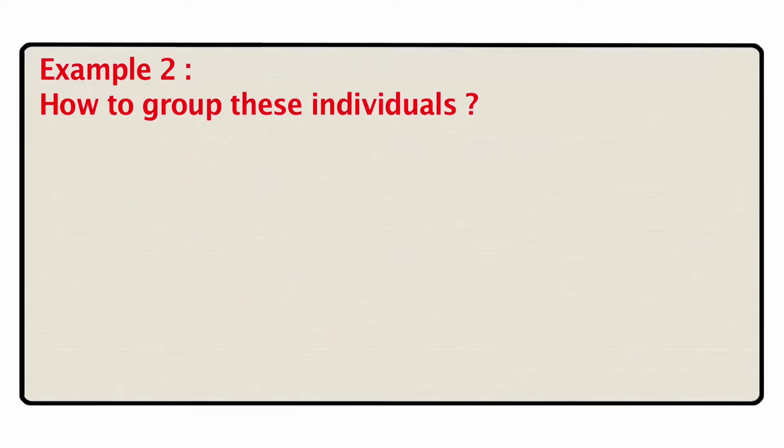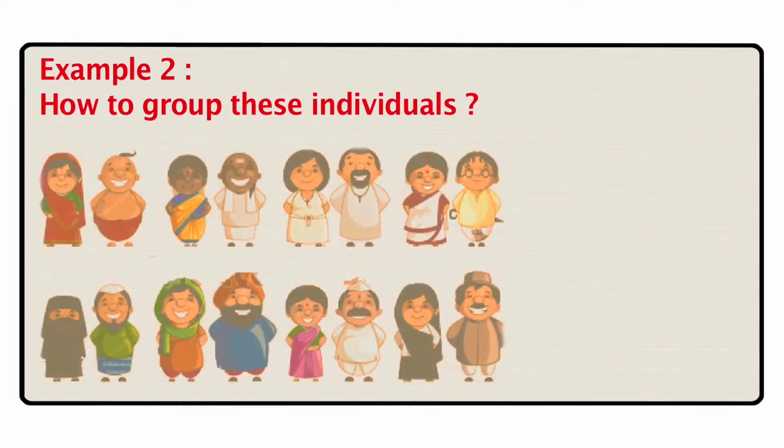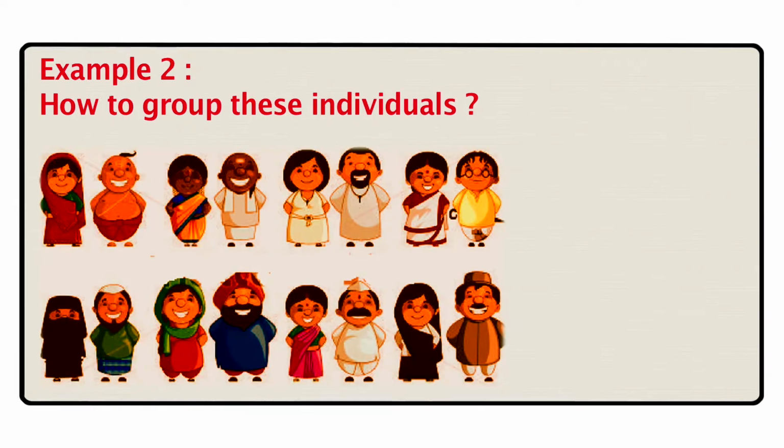Another example is, look at these couples here. We have 8 couples here, so there are 16 members. Now suppose you invite them for dinner and you have 4 tables. So how to arrange these individuals at the different dinner tables? Should you have the ladies in 1 or 2 tables, the gentlemen in the other 2 tables, and then again which gentlemen to sit together, 4 of them, and which other 4 to sit at a different table?